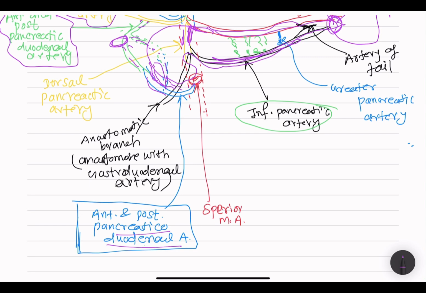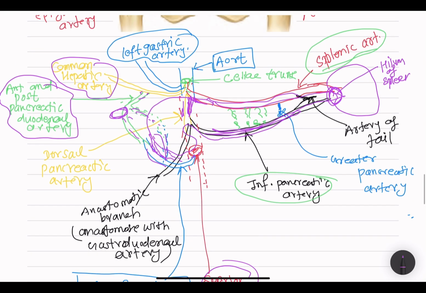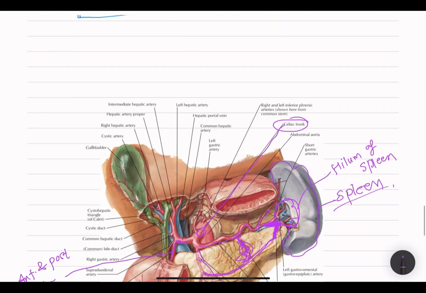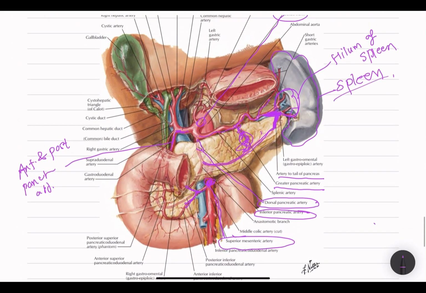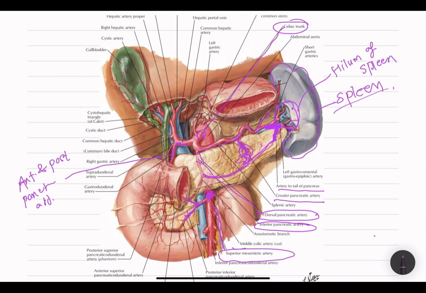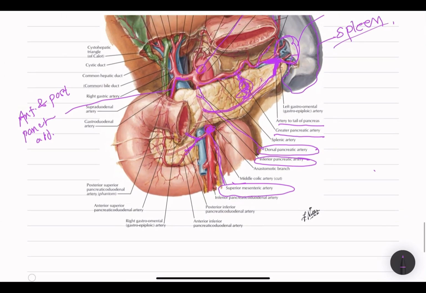So it's also a duodenal artery, but we are talking here about the pancreas. It supplies the anterior and posterior part of the pancreas, a branch of the superior mesenteric artery here, and the main branch of the celiac here, which is the anterior and posterior pancreaticoduodenal artery. So this image gives a clear picture of the arterial supply of the pancreas.